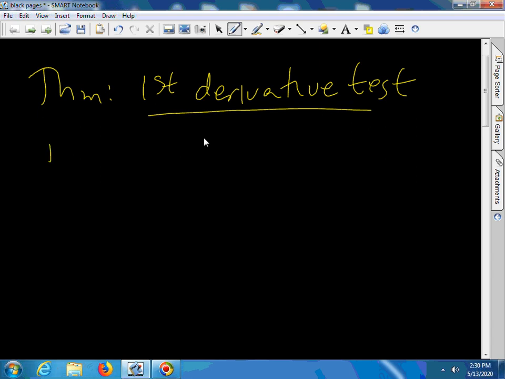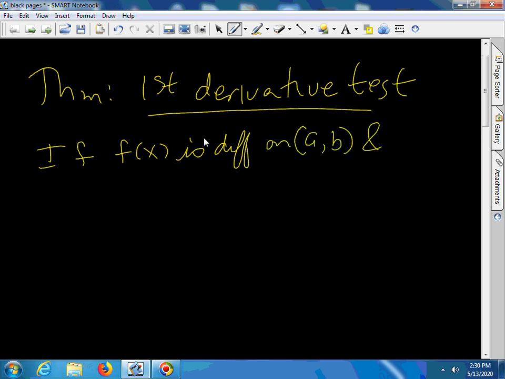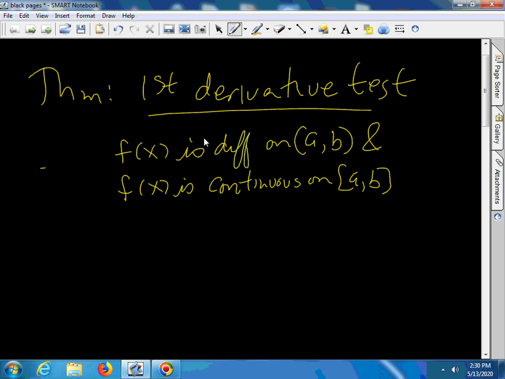And what it says is, given that f of x is differentiable on the open interval AB and f of x is continuous on the closed interval AB. Okay, now we have two statements.